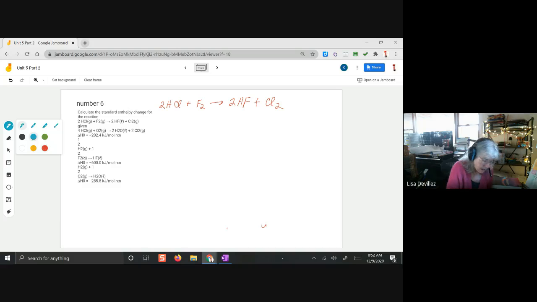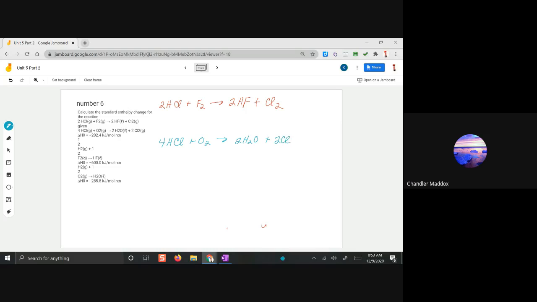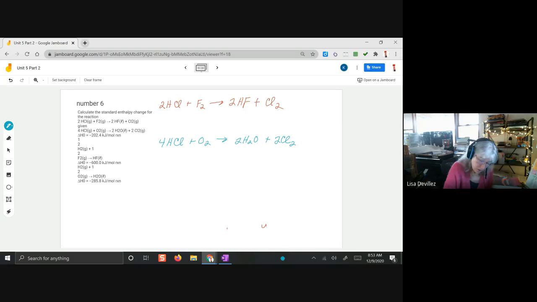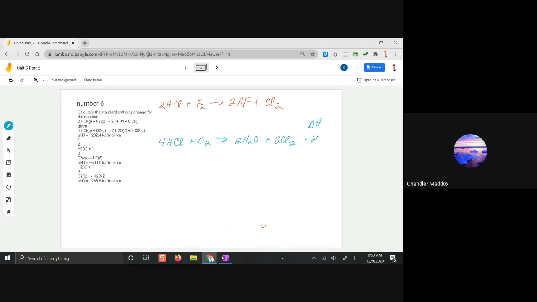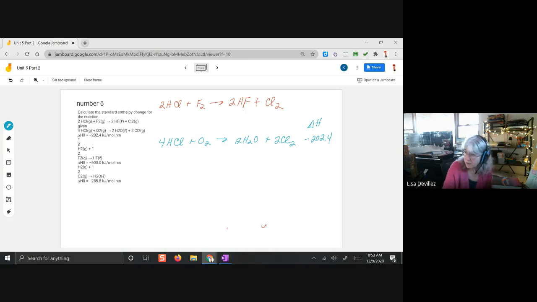In our equations, we have 4 HCl plus O2 yields 2 H2O plus 2 Cl2.